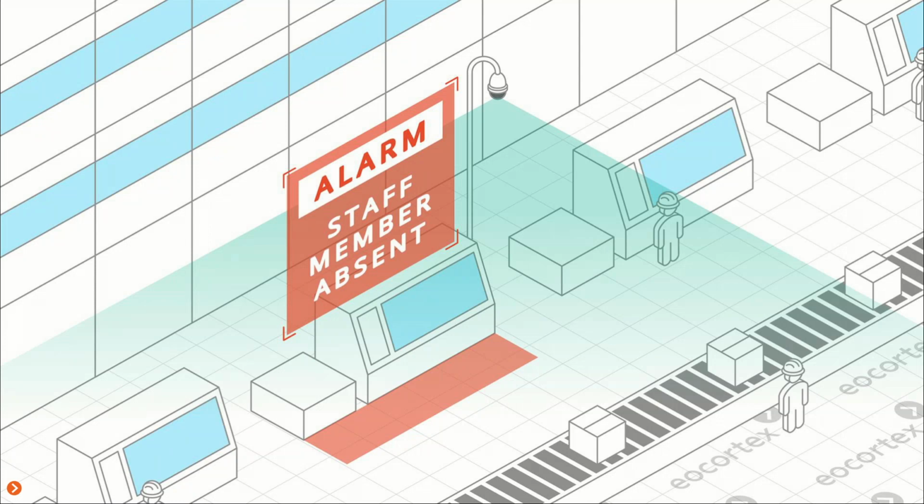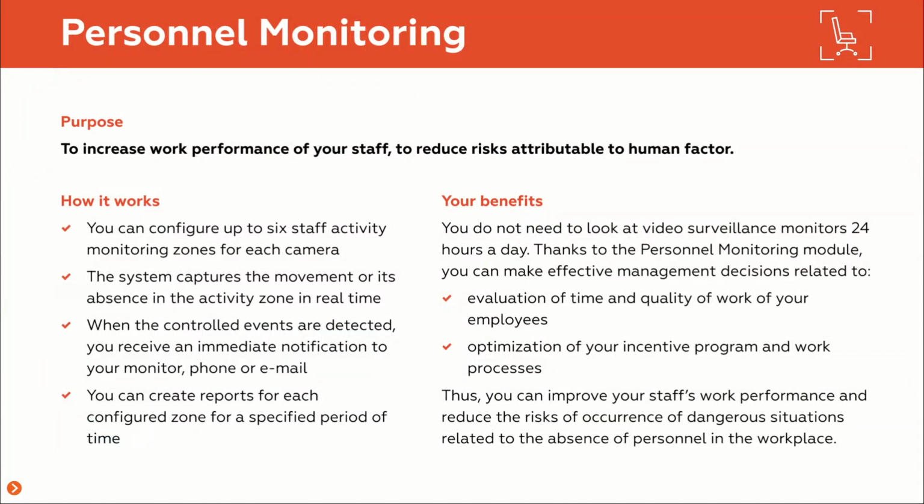You can set a specific zone where the employee is supposed to be, and in case no action is happening there, it informs you. You can also set the time when these modules should work, for example, during the work days, when your employees are supposed to work there. In case they're absent, you will be informed. In case they are late, you will also be informed. And in case they go home earlier, you will be informed.